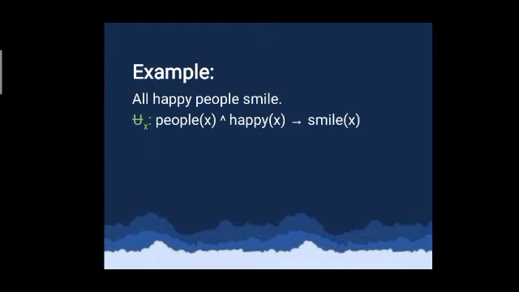It basically means we are storing people in X. So X means people and happy people X. So happy is what? Happy here is a sort of an attribute. The people are happy, similar to James is tall, and all happy people smile. So this implies that smile.